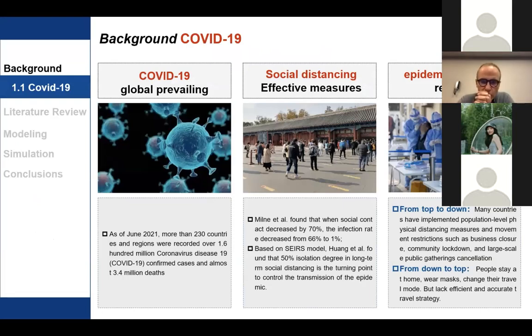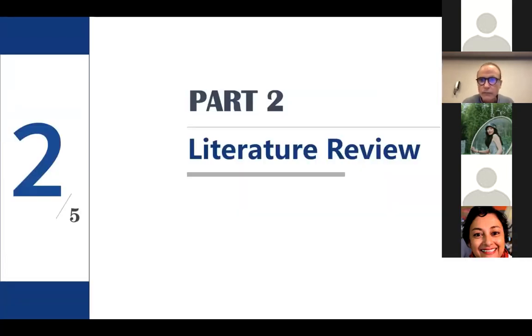From top to down, many countries have implemented population-level physical distancing measures and movement restrictions. From down to top, people stay at home, wear masks, and change their travel mode. However, from the perspective of everyday travel, there is a lack of data and performance evaluation for various travel strategies.